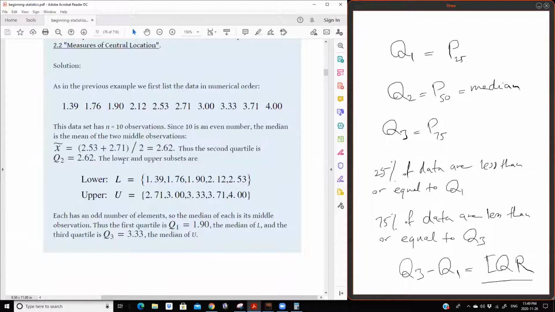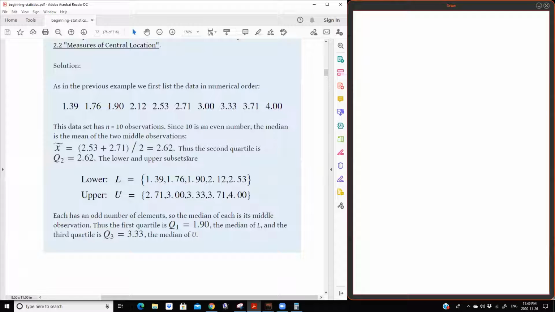So imagine for these numbers, you want to calculate the quartiles. Q2 is very easy because that's the median. You're just looking for the middle number. You have 1, 2, 3, 4, 5, 6, 7, 8, 9, 10 numbers in order. If you have 10 numbers in order, then there is no median, no middle number.